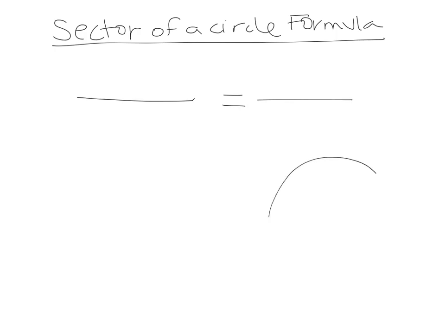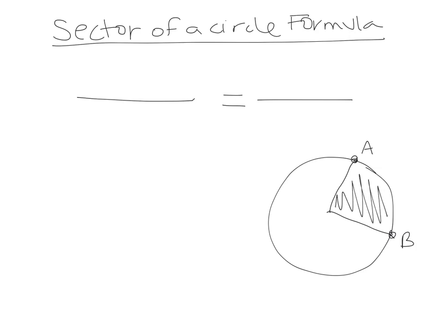So when I set up my proportion, if I am looking at this sector right here, and I'm going to call that point A, and that point B, and I'm looking for the amount of area that pizza slice, also known as a sector, takes up, then, like yesterday, it will depend on how many degrees that specific arc AB is.